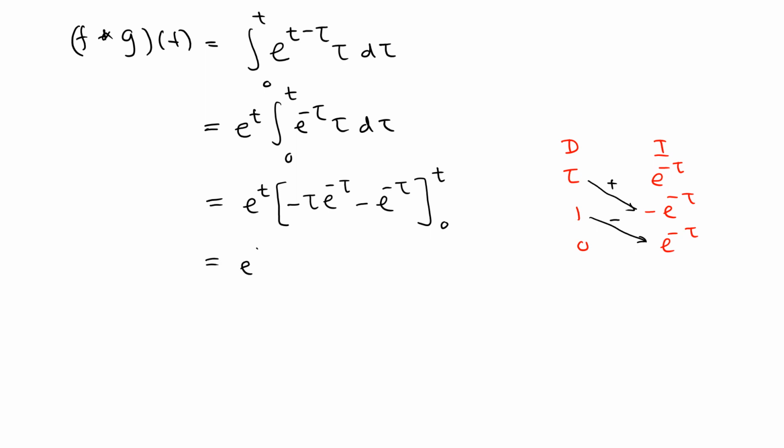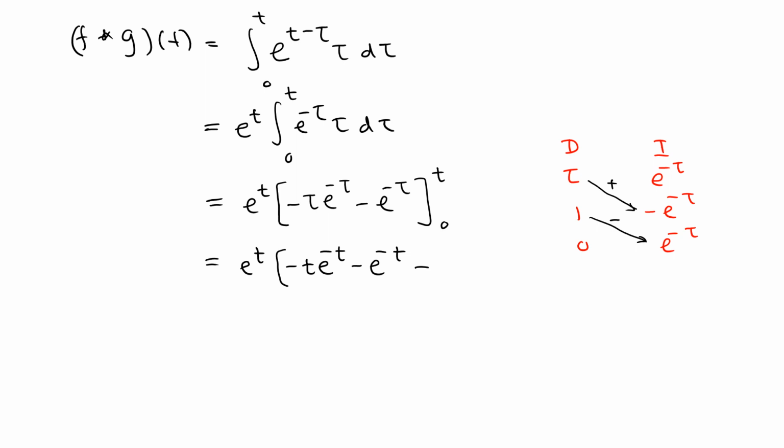So let's plug in the values now. So we have e^t. Let's plug in the t first. If you plug in the t, you're going to get negative t e^(-t), negative e^(-t). That's what you get in the first one. Minus, now you plug in 0.